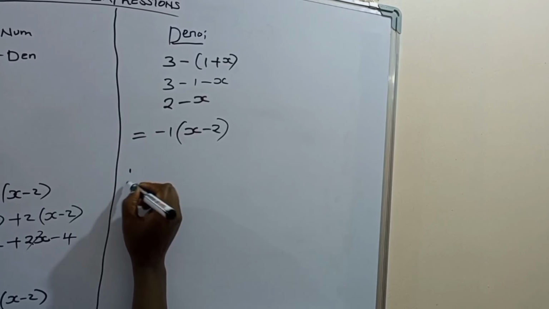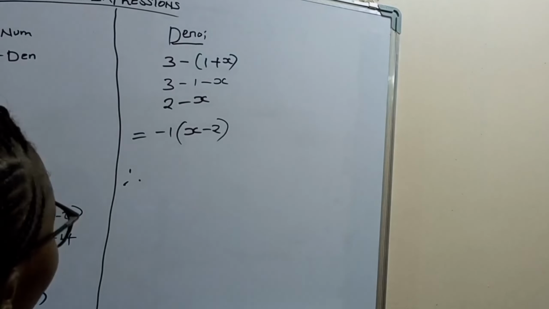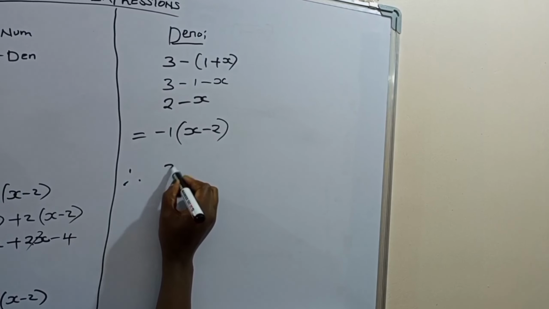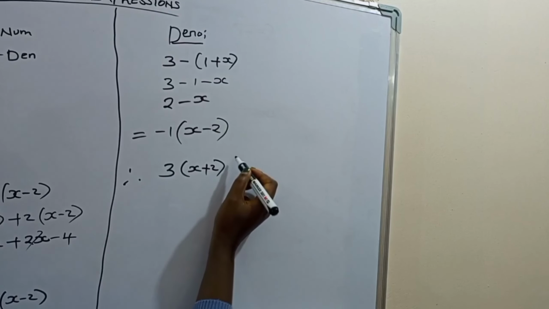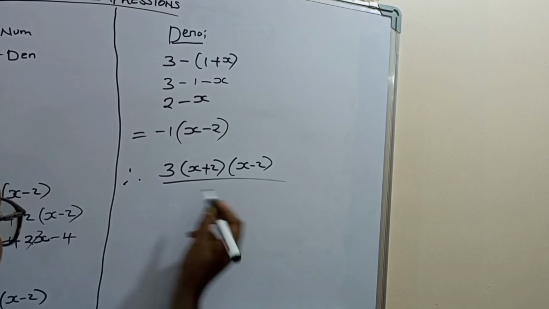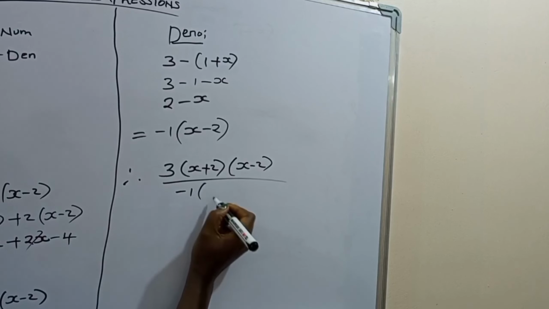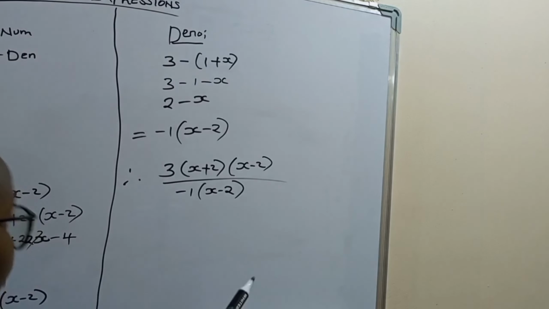So therefore, our numerator divided by our denominator we find is 3 into x plus 2, x minus 2, divided by negative 1 into x minus 2.